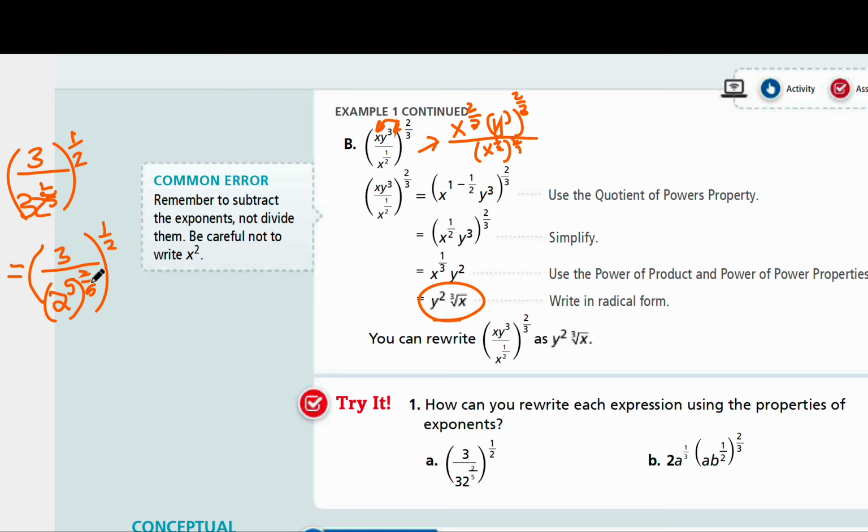And now that we matched our power with the denominator here, we can cancel this out using the power of power property. We have 3 over 2 squared, which is 4, to the power of 1 over 2. And so this is equal to root 3 over root 2 squared, which is just 2. So root 3 over 2 would be our final answer.